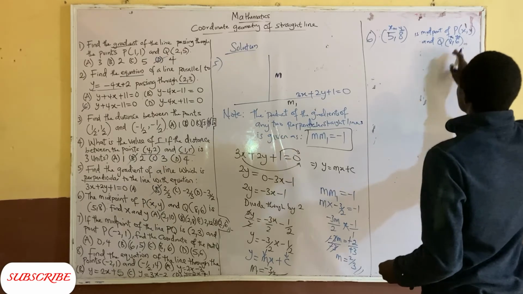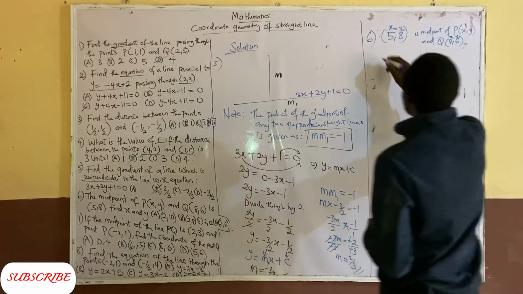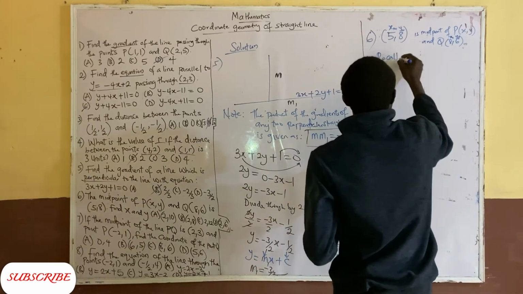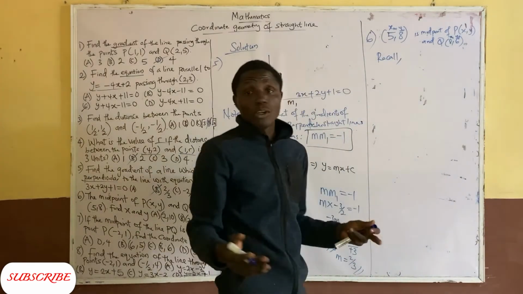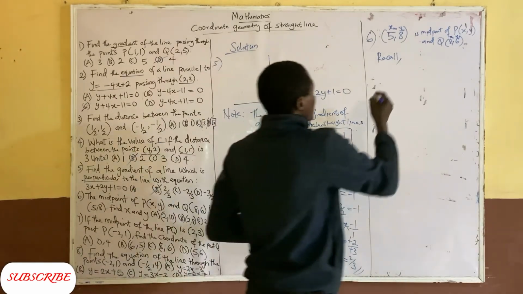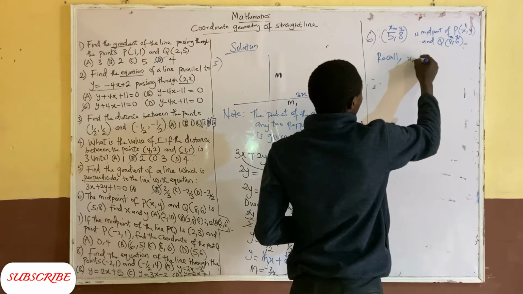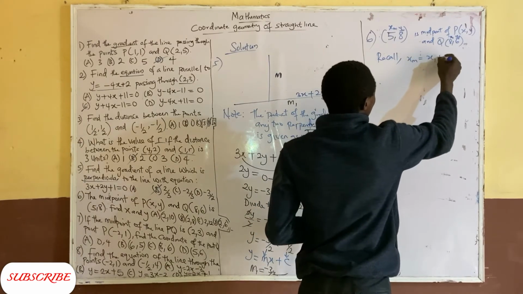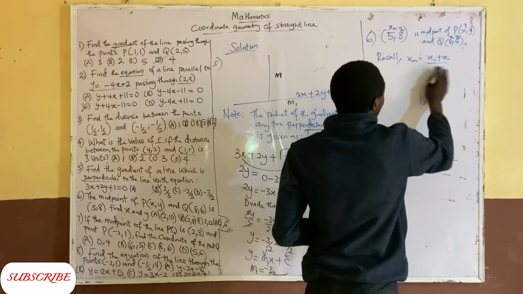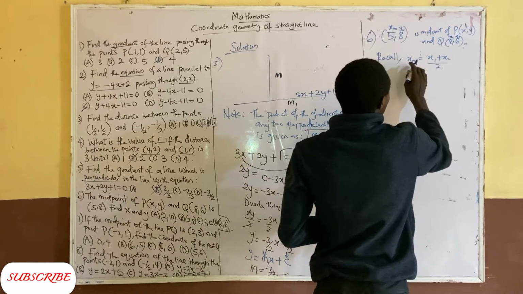So now recall that the midpoint of any straight line for x is XM equal to X1 plus X2 over 2. Now that's for x.